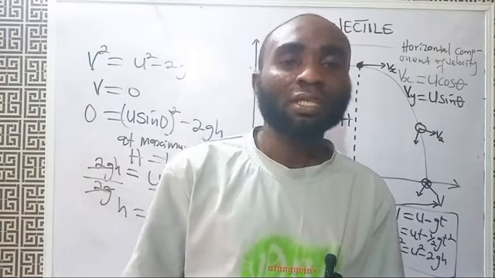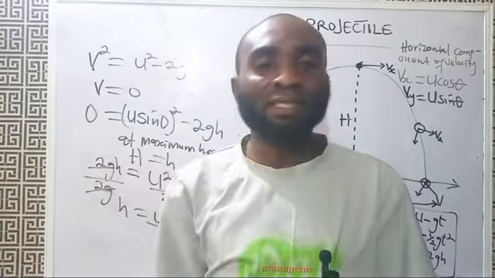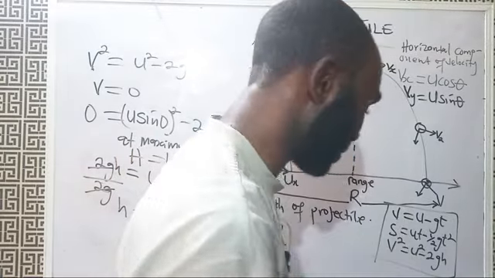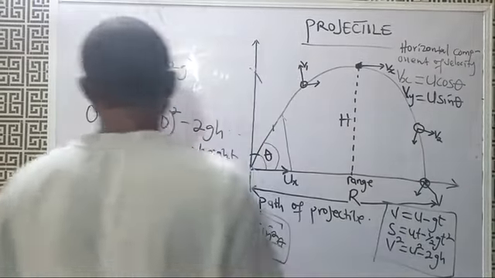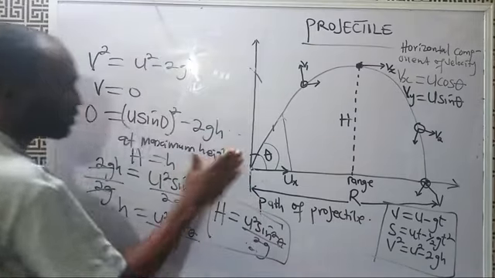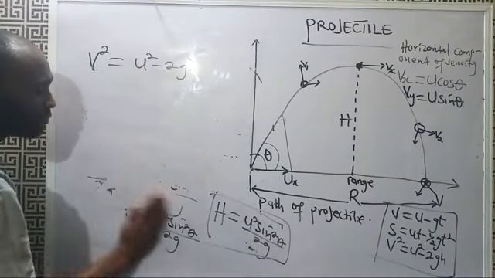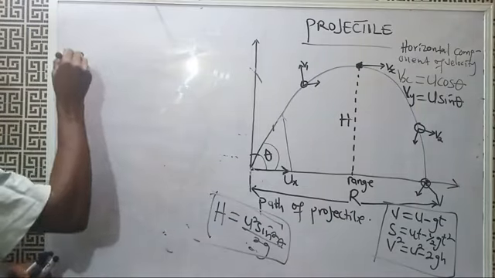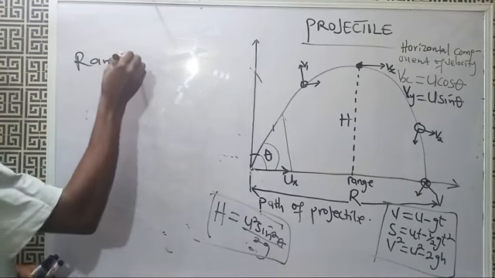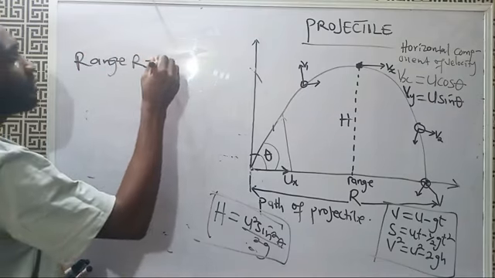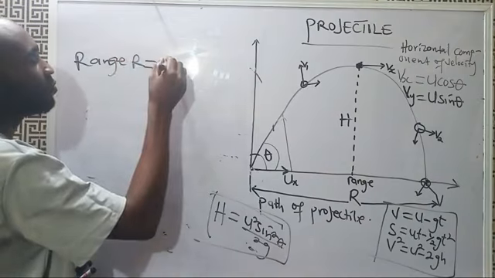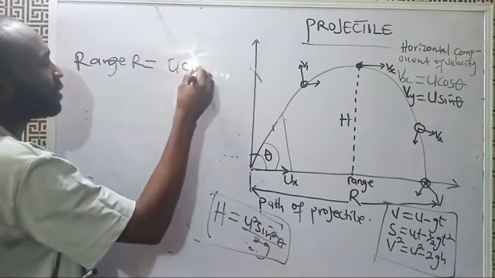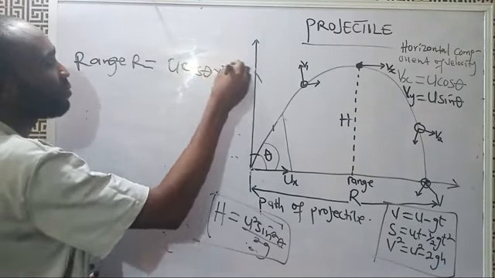So range is the time of flight times the horizontal component of velocity. Let's use a formula to derive it. Range R is equal to the horizontal component of velocity, which is u cos theta, times the time of flight.